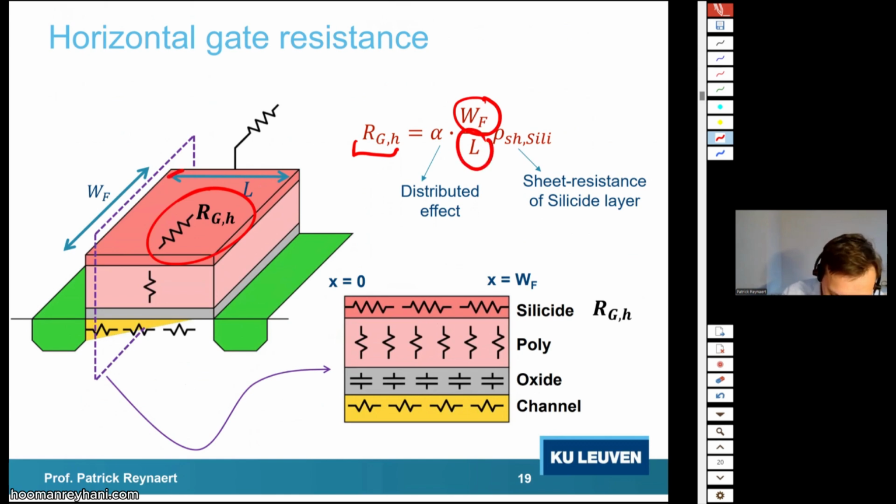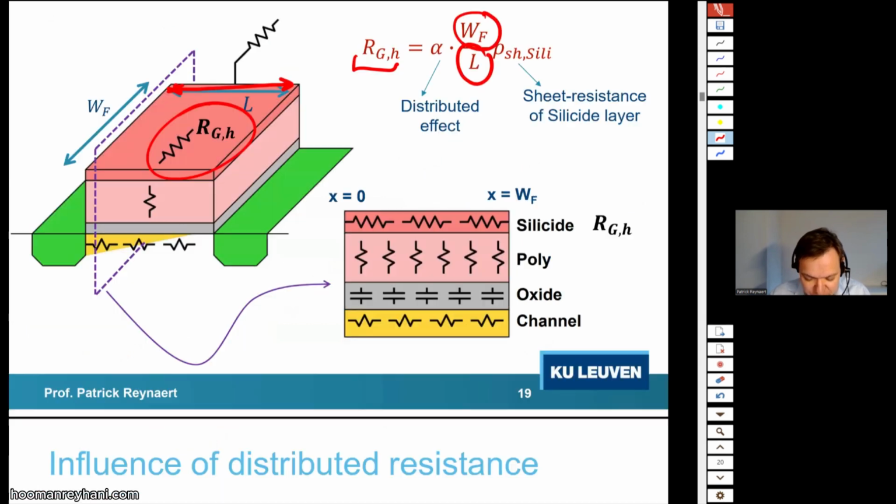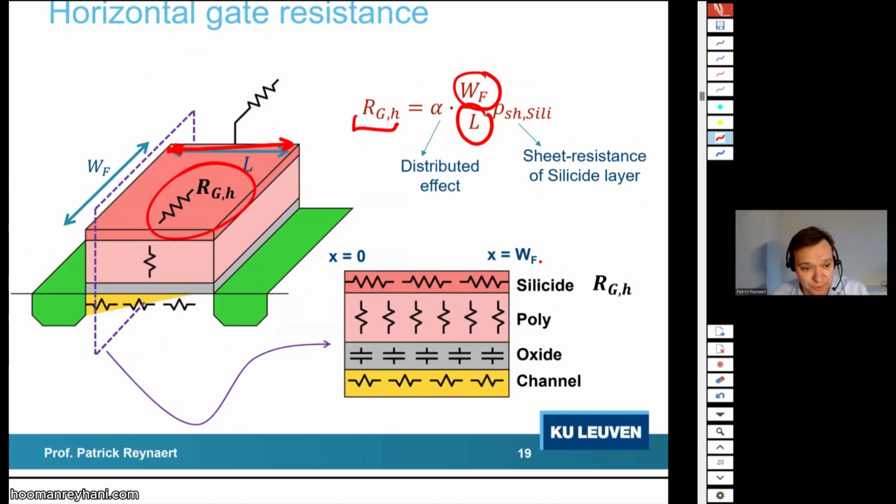If I make the channel length larger, I will have a lower resistance. That could be an argument to actually make your channel length larger. If you make your channel length larger, you will have a lower FT, but you will have a lower gate resistance, which might be important for noise. So if you're interested in LNAs and you really want to minimize the noise figure, this is something to look into.